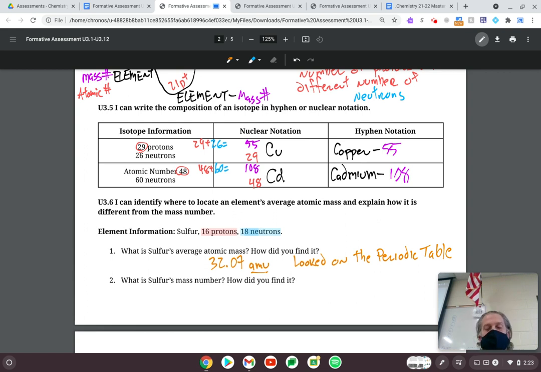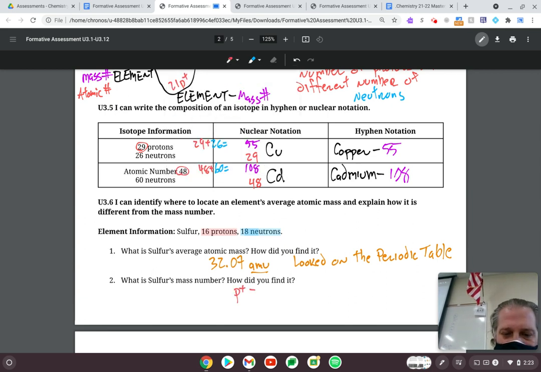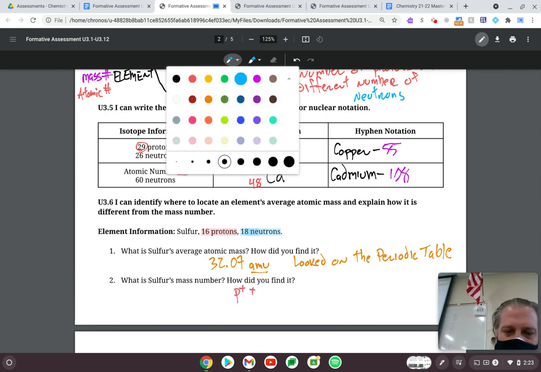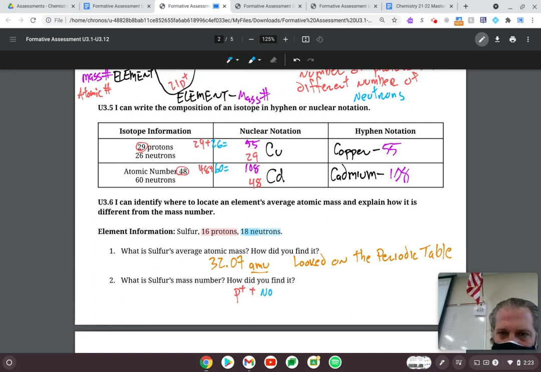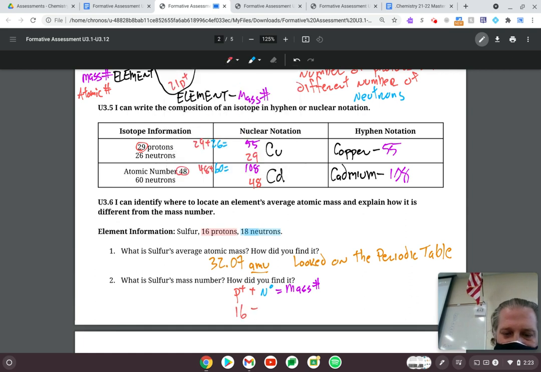Now, so what is sulfur's mass number? I have to remember that in order to get the mass number, I add protons and neutrons, right? So I think to kind of like remember what's going on here, I'm going to take protons plus neutrons. And that's going to give me my mass number. And then I'm going to take the number of protons that I was given, which was 16.